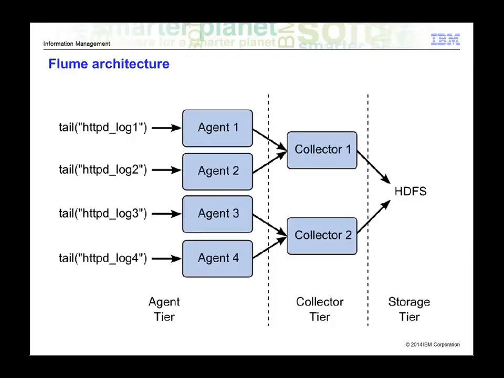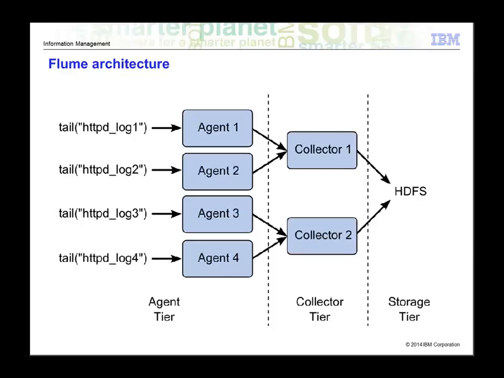Say we have 4 HTTP server nodes producing log files labeled httpd_log x, where x is a number between 1 and 4. Each of these HTTP server nodes has a Flume agent process running on it. There are 2 collector nodes.